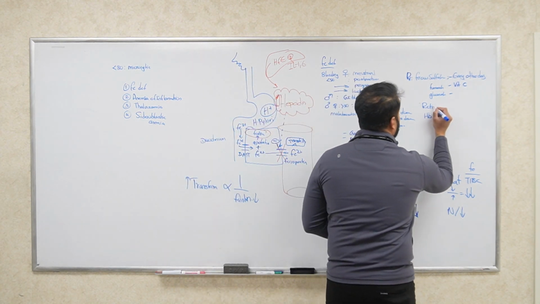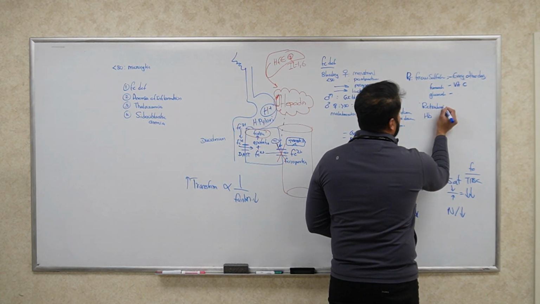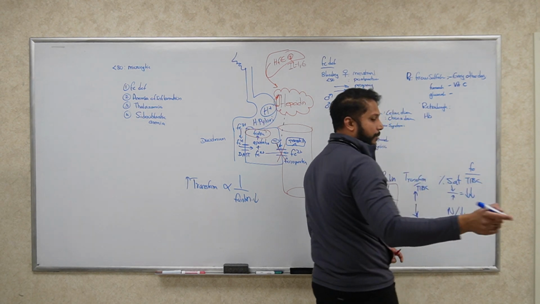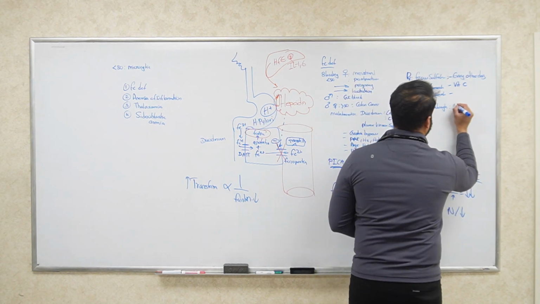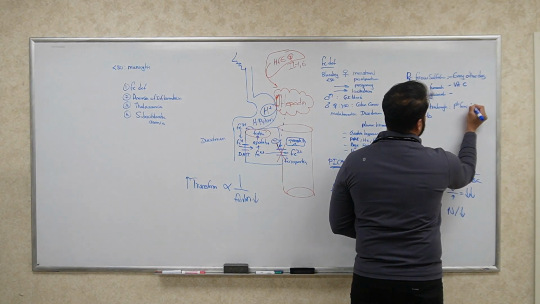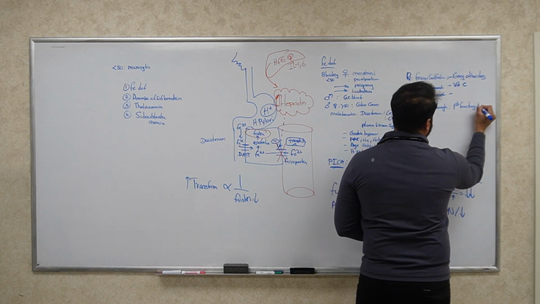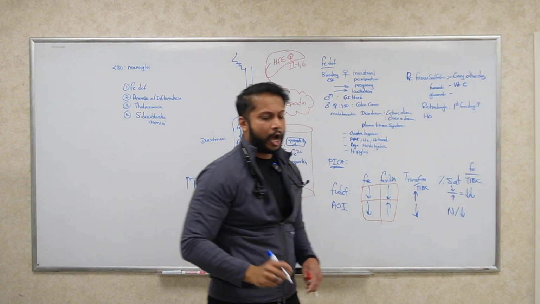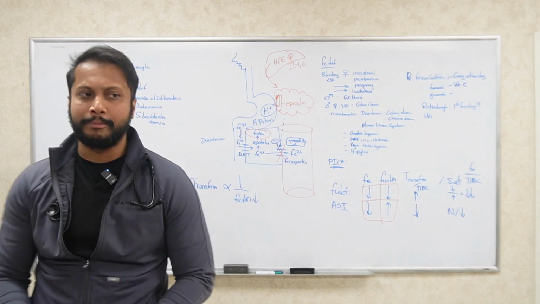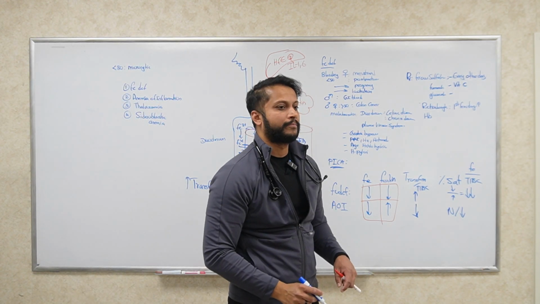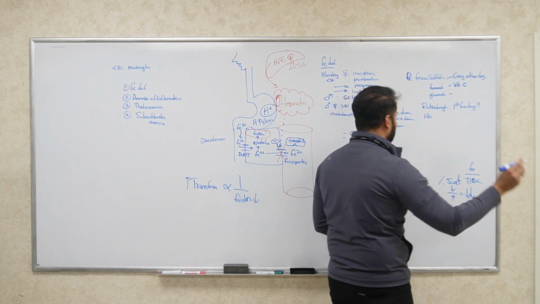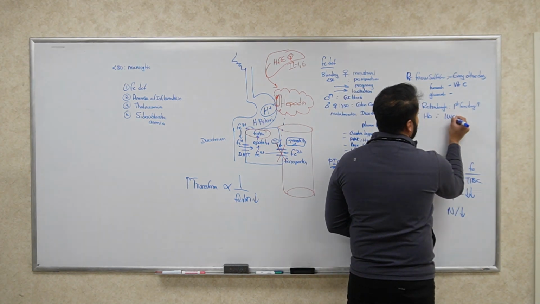Reticulocyte count is going to increase within how many days? 1 week? First few days. First few days, your reticulocyte count would go up first. How long would it take for your hemoglobin to go up by 1 point if you start them on oral iron supplementation? 3 months? 1 week.